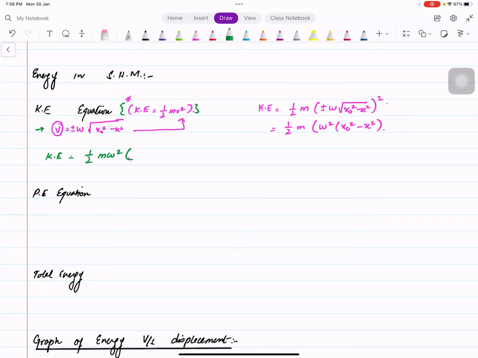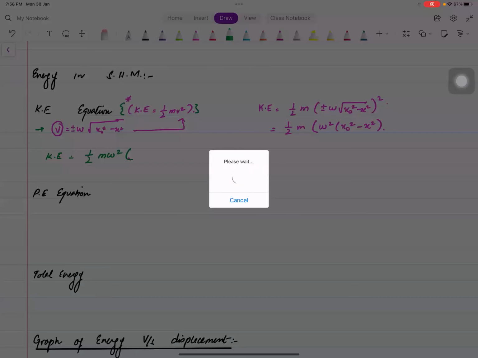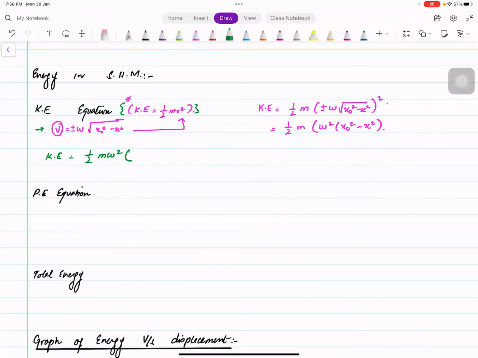So it will be half m omega squared times x naught squared minus x squared. Can I write it like this? Will you remember this equation now? Actually, I don't want you to remember this equation. What I want you to remember is kinetic energy equals half m omega squared x naught squared minus half m omega squared x squared. Can I write it like this, please? Any issues?